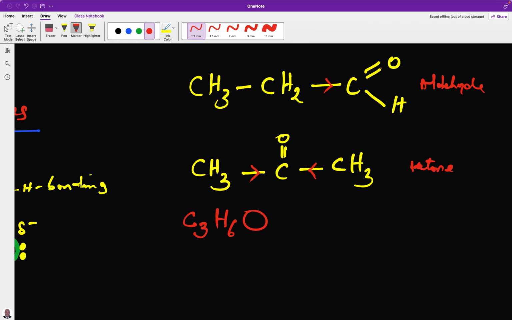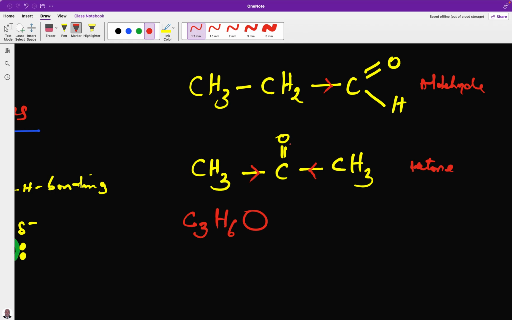For that reason, this makes the carbon-oxygen bond in the ketone more polar than the one in the aldehyde. The oxygen atom in a ketone has more negative charge than the oxygen atom in the aldehyde.